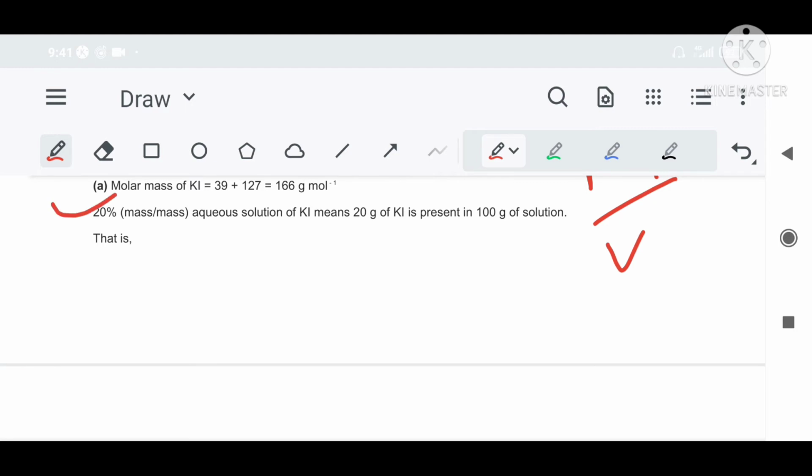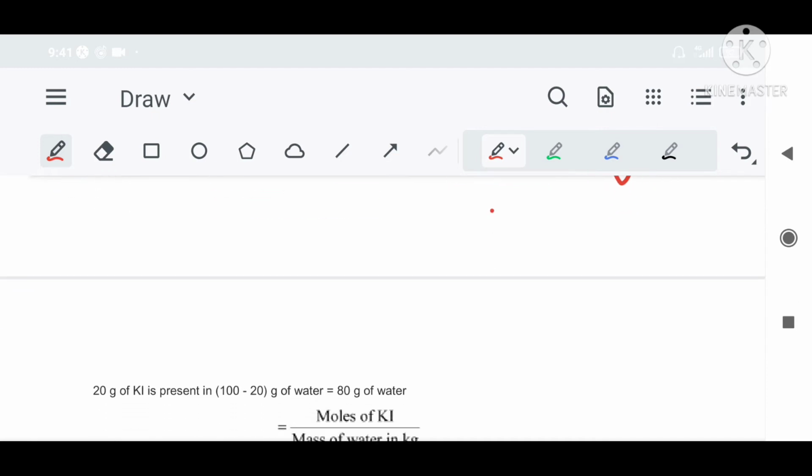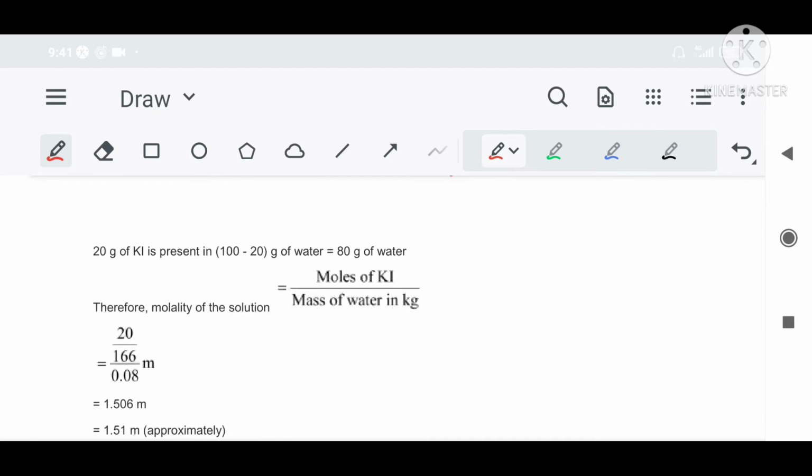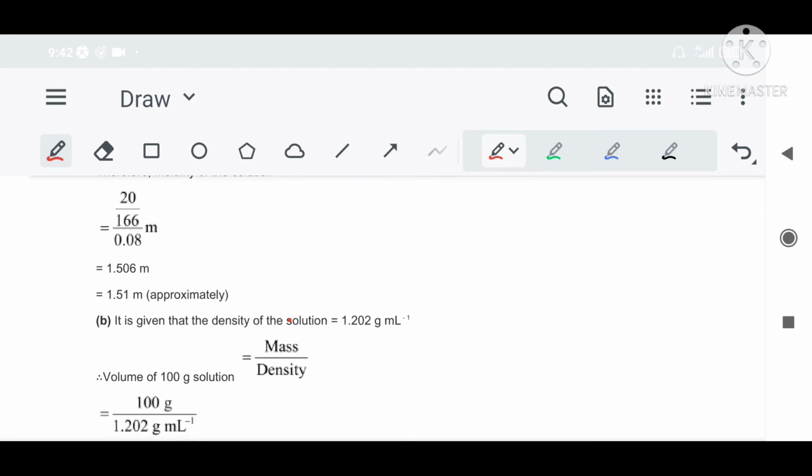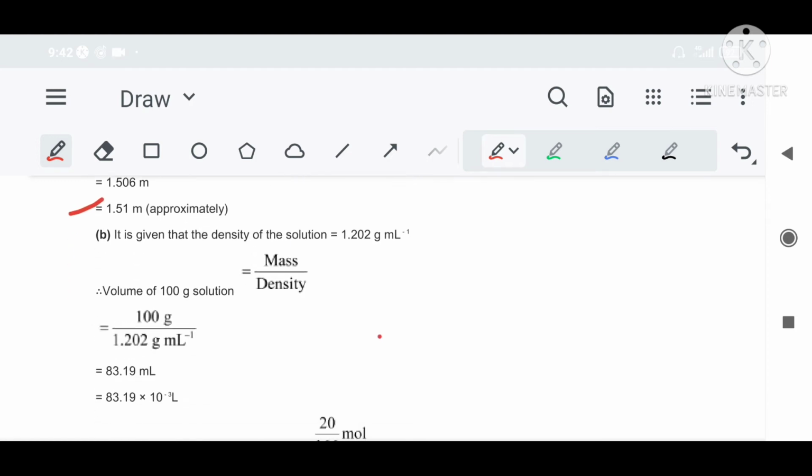The KI molar mass is 166 gram per mole. Then a 20% aqueous solution of KI has 20 gram of KI present in 100 gram of solution. We are using here moles of KI upon mass of water in kilogram. So this is molality. We find out the molality, 1.5 m, by this formula.